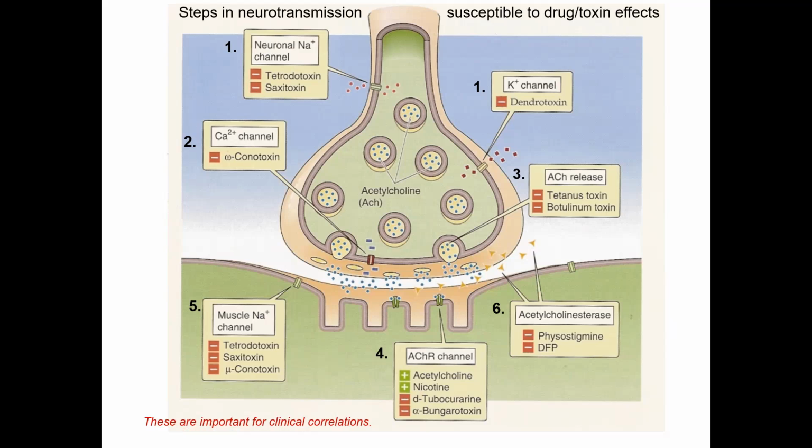And then you will argue, if I depolarize this membrane, then I must reach the threshold of the voltage-gated sodium channel and elicit an action potential. So it will produce an action potential, and that is not the paralysis of the muscle. And that is true.